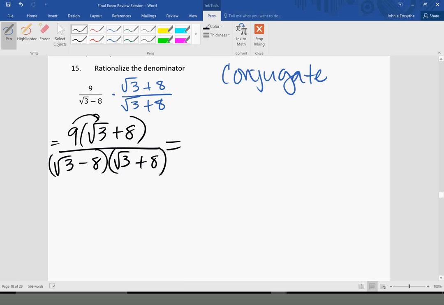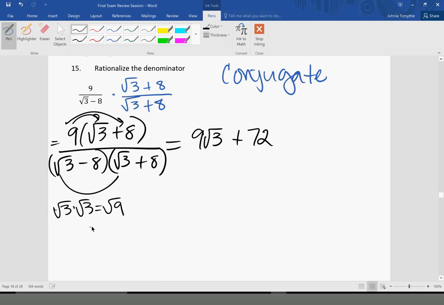Okay, so at the top we're going to distribute that 9. So we have 9 root 3 plus 9 times 8 is 72. Okay, now at the bottom we're going to FOIL and distribute. So root 3 times root 3 equals root 9, which equals 3.